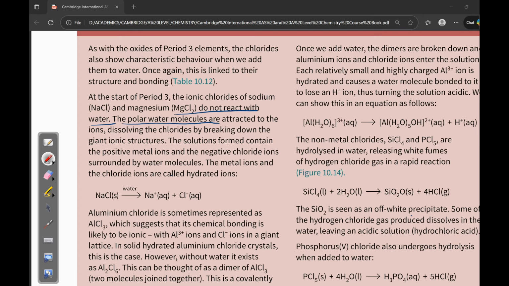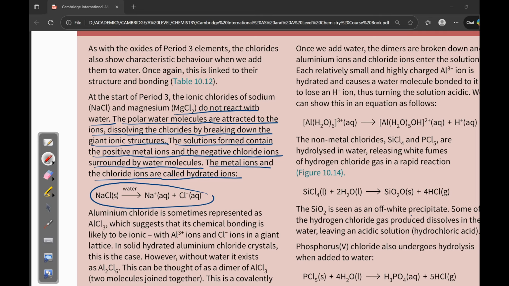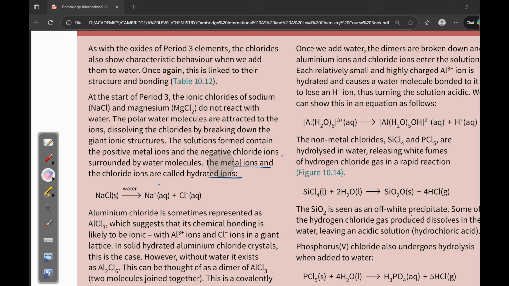The polar water molecules are attracted to the ions, dissolving the chlorides by breaking down the giant ionic structures. So the solutions formed contain the positive metal ions and the negative chloride ions surrounded by water molecules. The metal ions and the chloride ions are called hydrated ions. So these ones just dissolve, okay? And this is not going to result in an acidic or alkaline mixture.